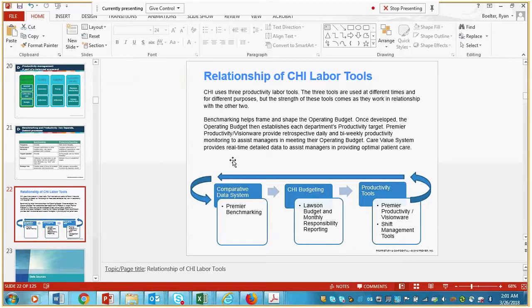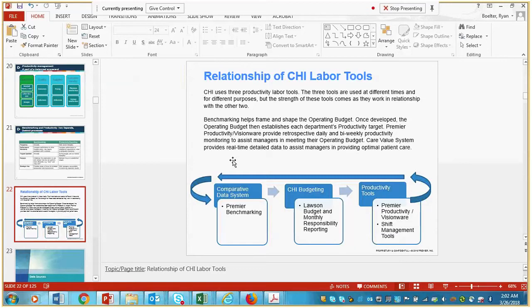Benchmarking is really more of an annual or quarterly, some sort of time period look back, and typically at CHI we do it on an annual basis, although in Premier you do have the ability to look at things on a quarterly basis. But it's that opportunity to self-assess and compare against other organizations, other similar types of departments, whether it's a department within another facility at CHI or comparing outside of CHI.